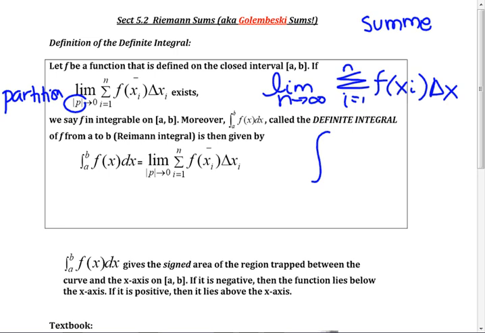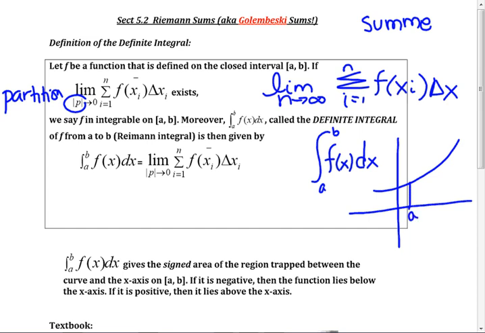So he used an S, and it looks like a sum. He's going to add up all the bases and heights. Here's the base, not delta x, but dx, and the height is f of x. We're going to start at a and end at b. So if I had this curve right here, this would mean I want the area from a to b.